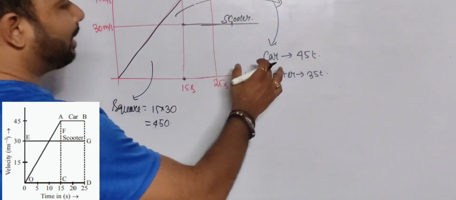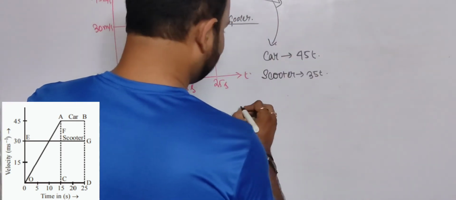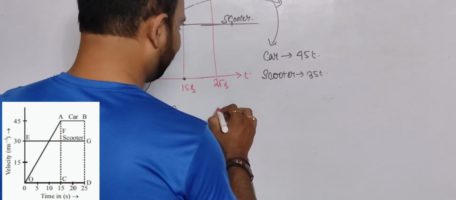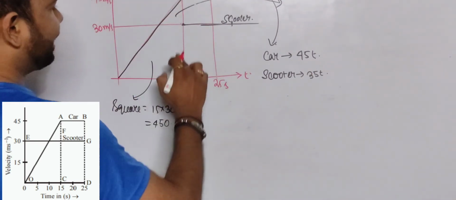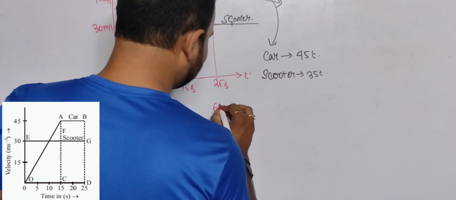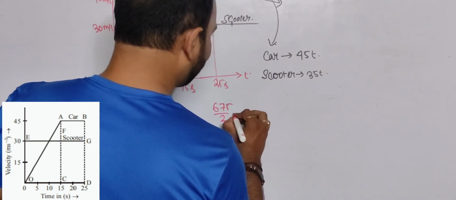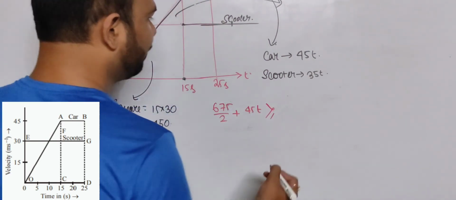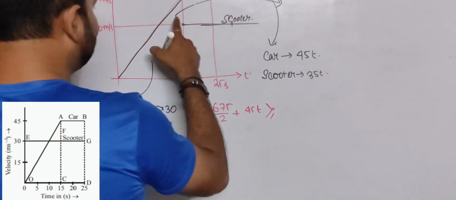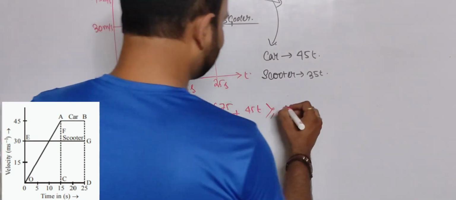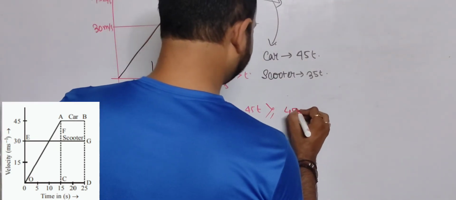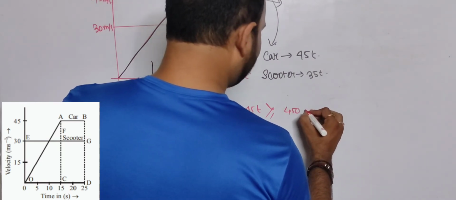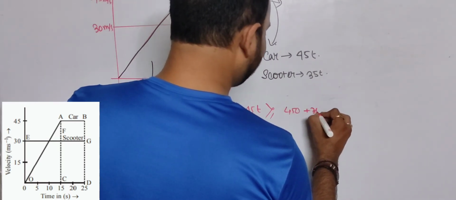So the distance covered by the car, to overtake, is the area of the triangle, that is 675 by 2, plus 45t. It should be greater than or equal to the distance covered by the scooter, that is 450 plus 35t.